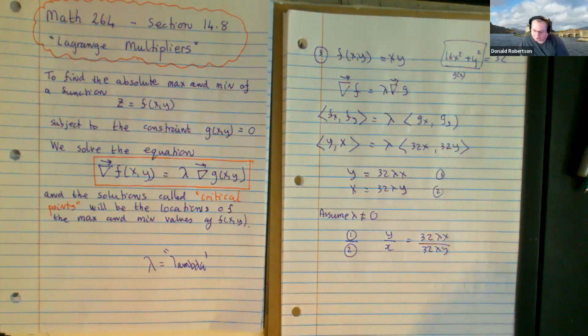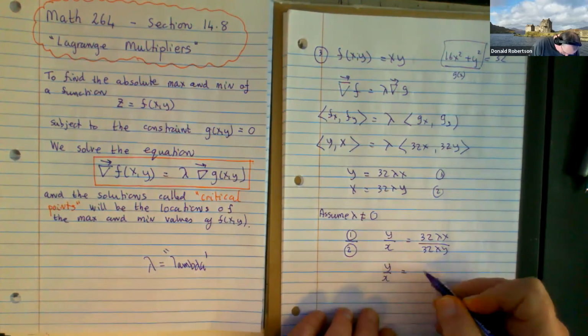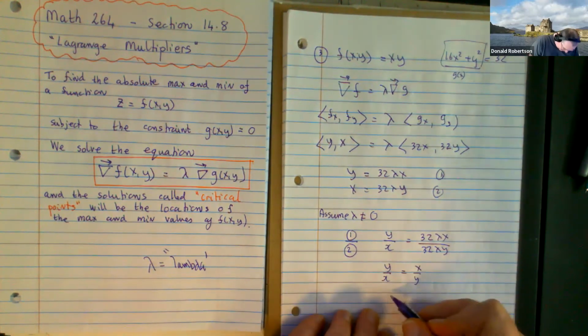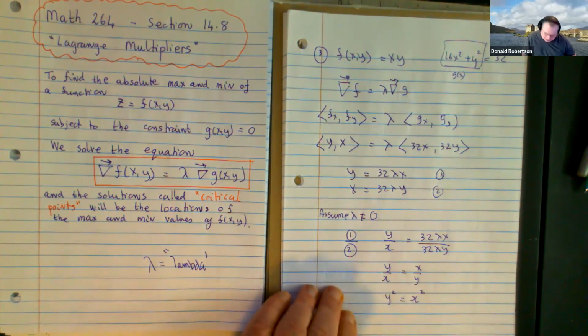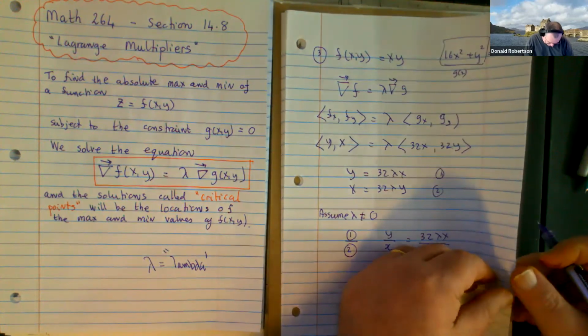Now you can simplify that a little bit by cancelling all the 32s and lambdas and getting that. And then you get that relationship, which is the one that's more typical. So y squared equals x squared is a relationship that we can use.